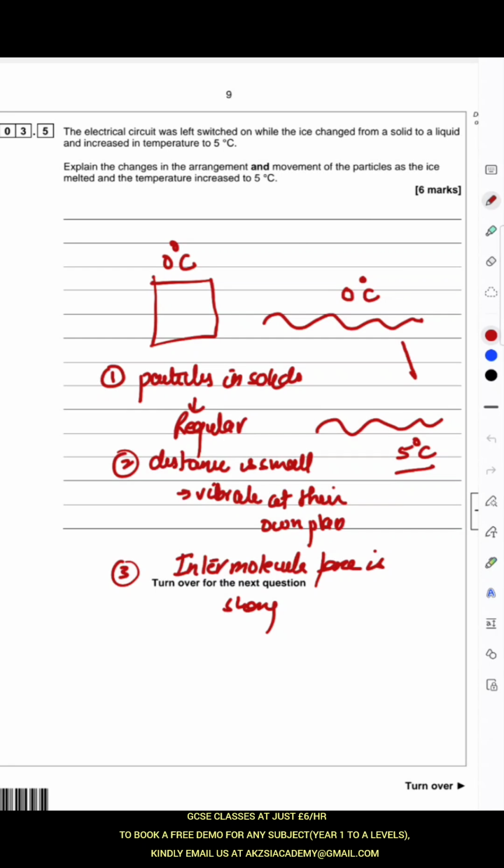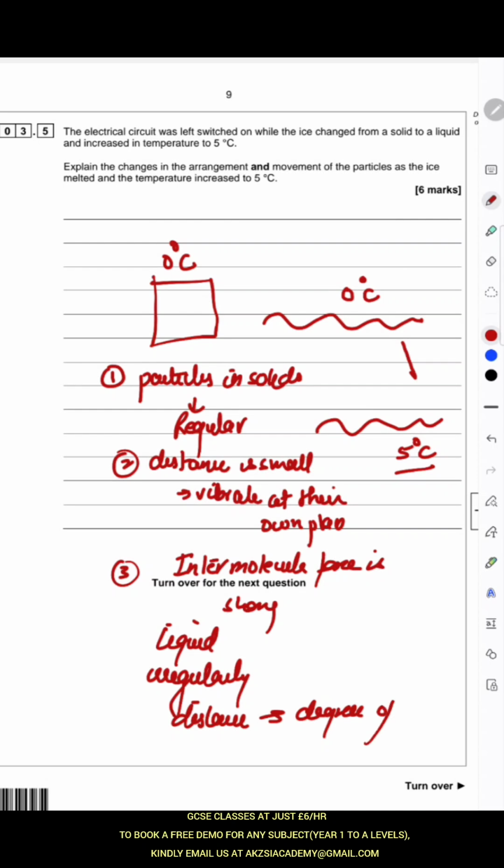And then we have to describe the arrangement of liquid. Let me describe the arrangement of liquid, and then I'll describe how the arrangement will change from solid to liquid. Liquid particles are irregularly arranged. There's no regular pattern. They are just randomly arranged, and there is some distance, so they have some degree of freedom.